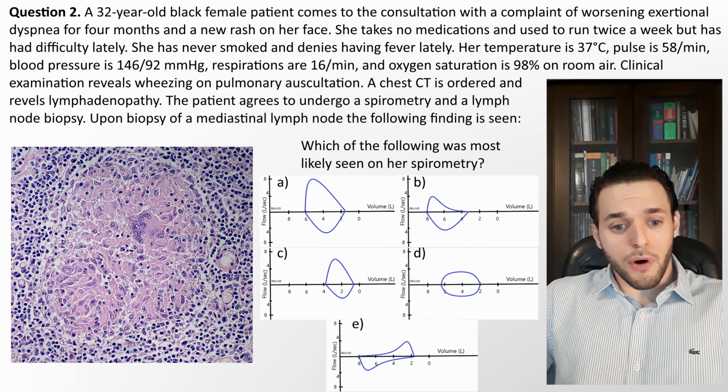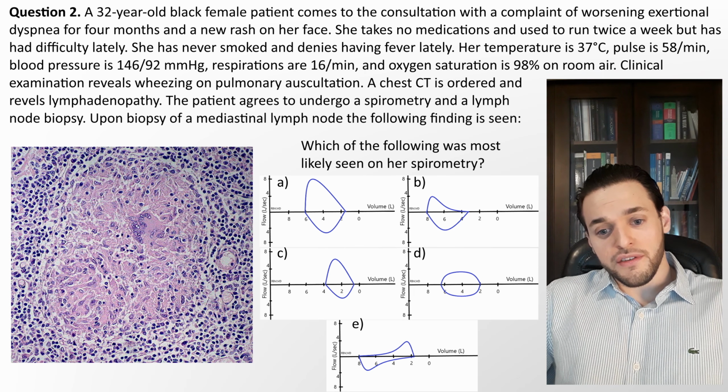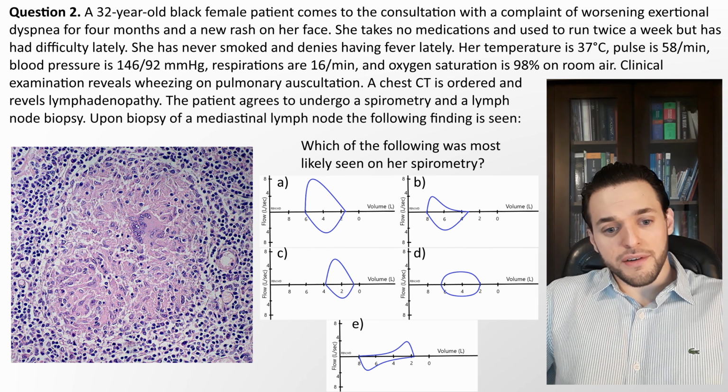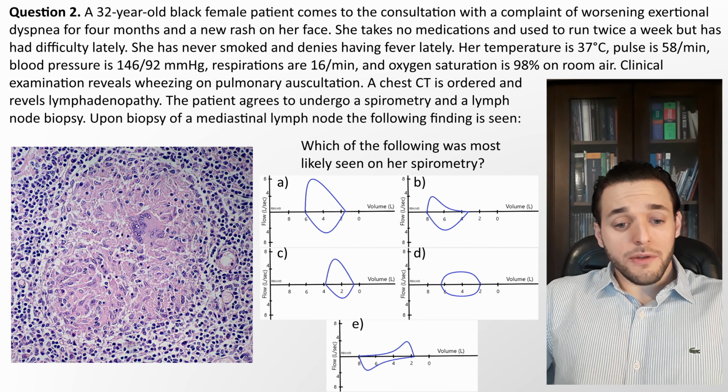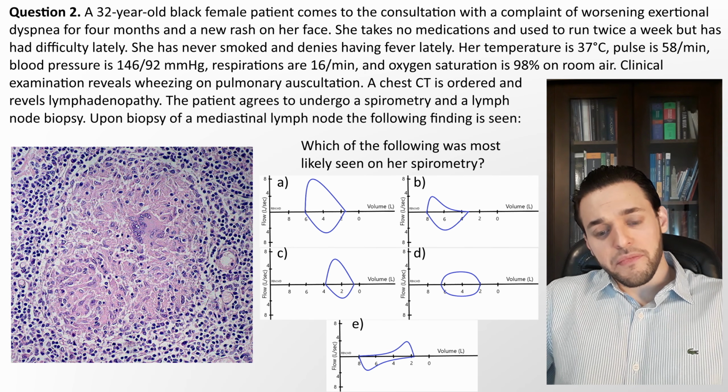She has never smoked and denies having fever lately. Her temperature is 37 Celsius degrees, pulse is 58 per minute, blood pressure is 146 per 92 millimeters of mercury, respirations are 16 per minute, and oxygen saturation is 98% on room air.